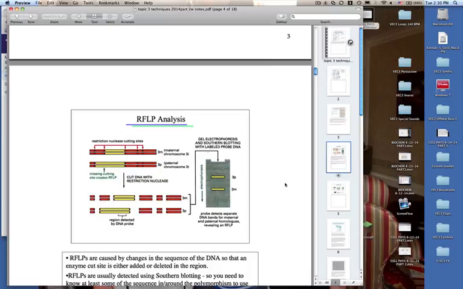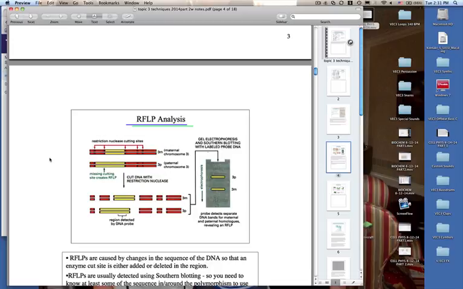But there could be a polymorphism here, where there's just a single point mutation in that restriction site, so that the restriction enzyme now no longer recognizes that palindrome, because it's not a palindrome anymore. We've actually mutated the site. So we either have, and this can go either way, we can lose a site by mutating the sequence, or we can actually gain a site by mutating a sequence and now have a polymorphic region where most of the people wouldn't have a cut site there, but in a small percentage we now have a cut site there.